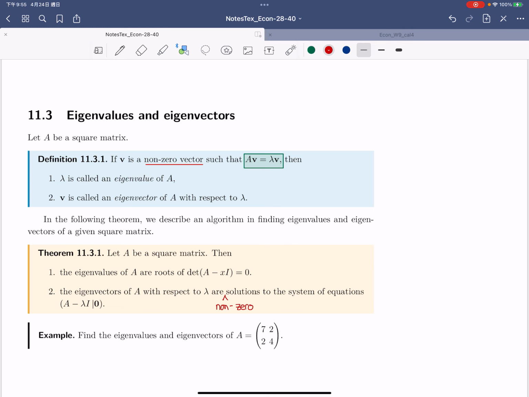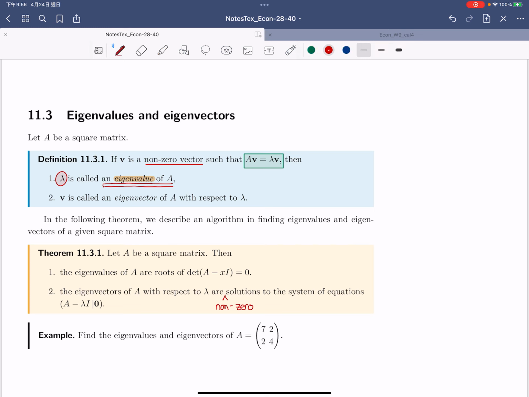It turns out both lambda and phi have a name. So for example, the lambda here is called an eigenvalue of A. Okay, eigenvalue. This is a German word, and it's pronounced as eigenvalue. And how about phi?